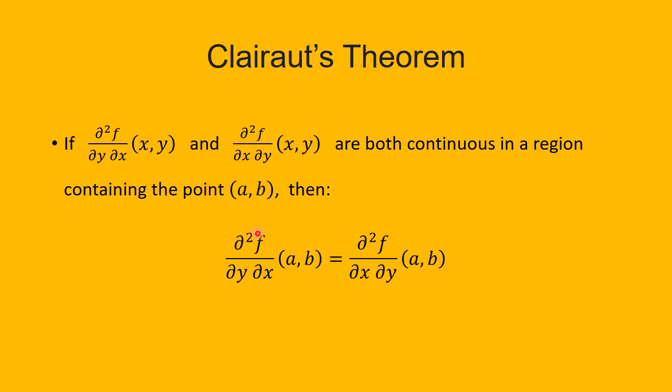Notice that we are reversing the order of differentiation. Here we're differentiating with respect to y, and then inside with respect to x, and here they are switched. So under pretty mild conditions, we have that these mixed partial derivatives will be equal.